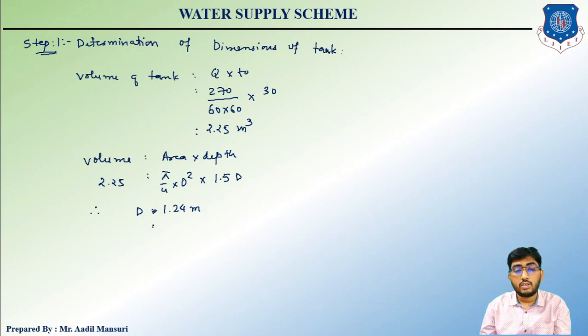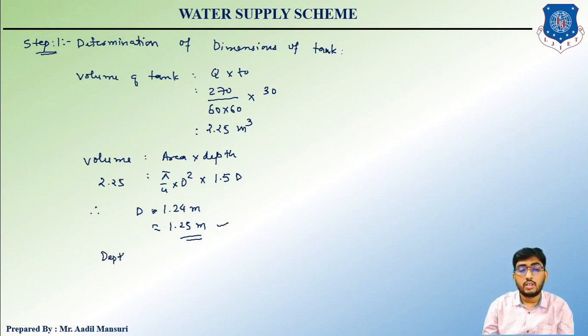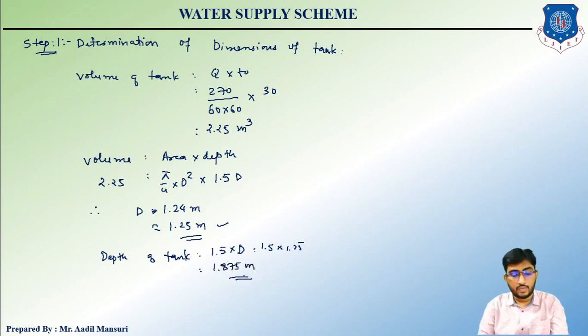Or we can approximately say provide diameter equals 1.25 meter. Once we have got the diameter, we can find out depth of tank, that is 1.5 into diameter, 1.5 into 1.25, that is equal to 1.875 meter. Okay, clear?